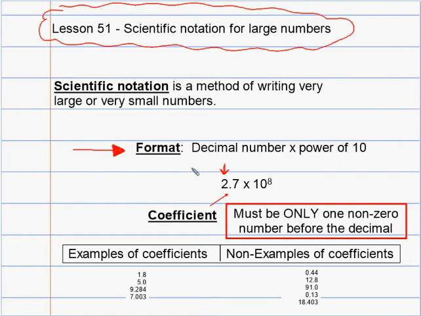So this will be very important for you to remember. Scientific notation has to be a number times the power of 10, and that number has to have a 1 through 9 before the decimal, and that's it.